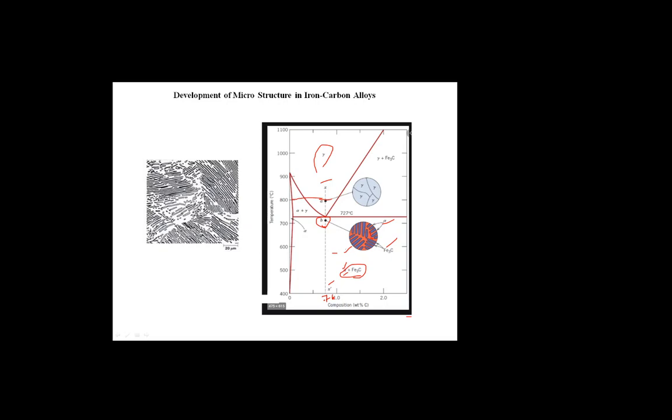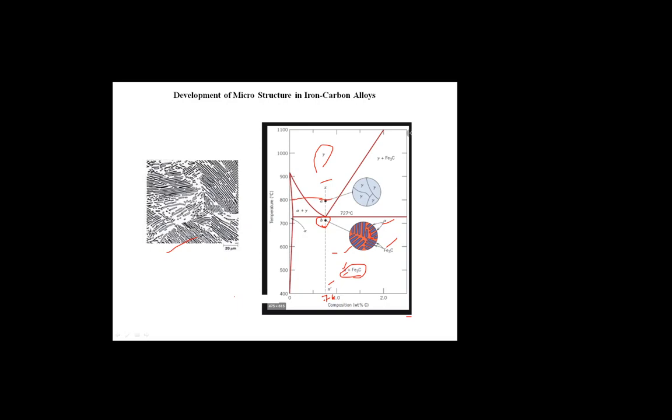A photograph of this is also shown here in the micrograph, showing the eutectoid steel with pearlite.